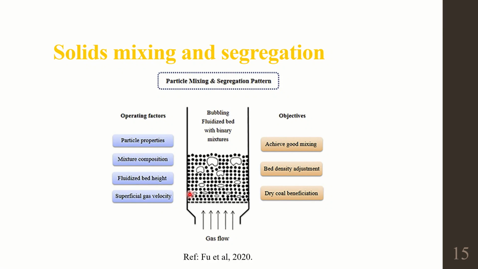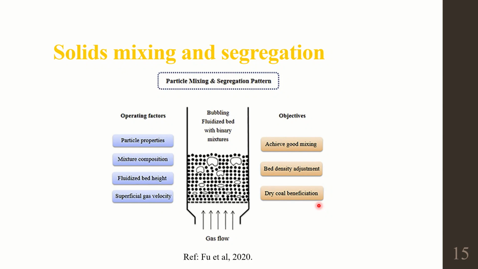We have a quantity to quantify this, known as the segregation index or mixing index, wherein we define the segregation index as the mass fraction of the flotsam particles on the top of the bed to the mass fraction of the flotsam particles in the perfectly mixed bed. Based on that, we define the segregation index.